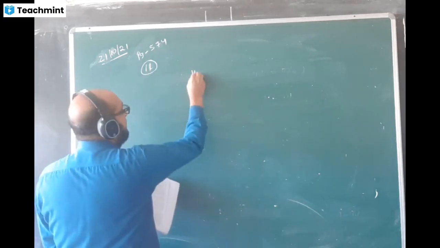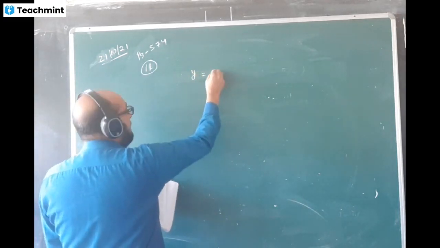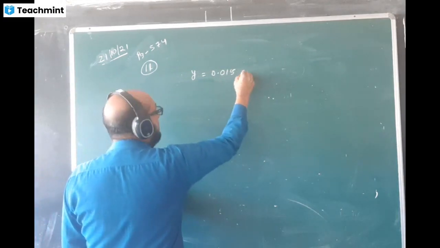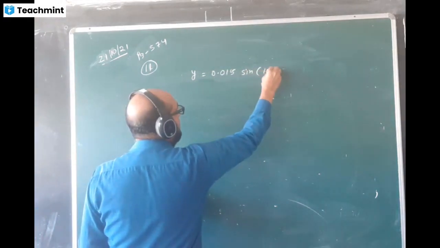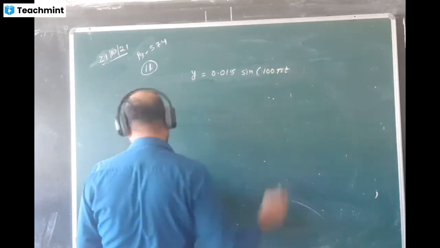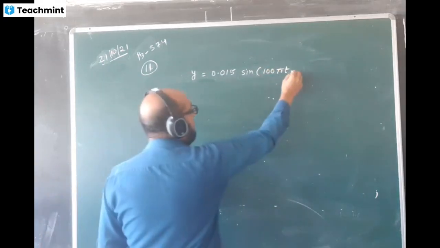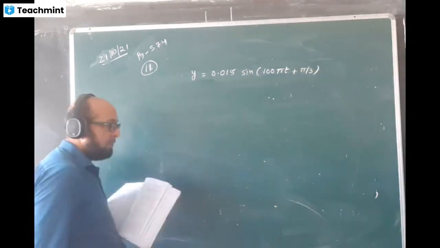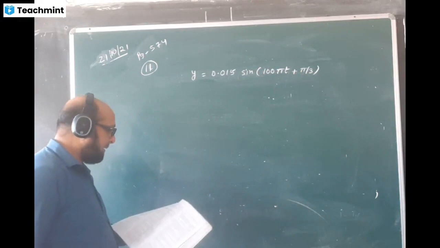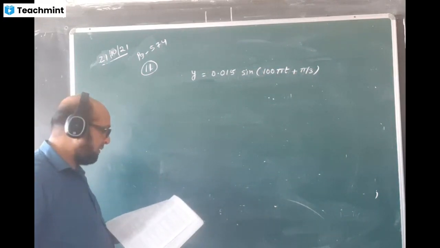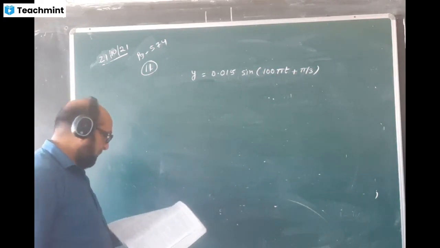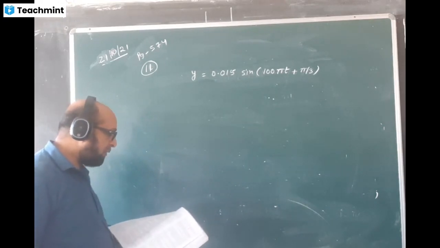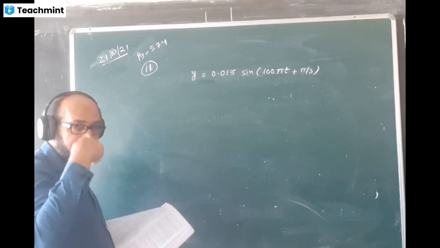They have given an equation here, y equal to 0.015 sin(100 pi t plus pi by 3). Equation given. And they're saying where y is in meters and t is in second. First, we have to find the velocity and also find velocity when y is equal to 0.009 meter.